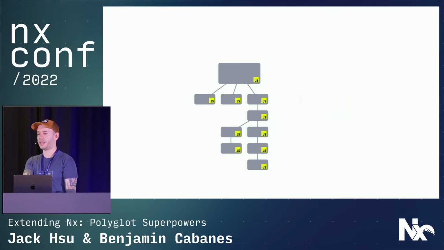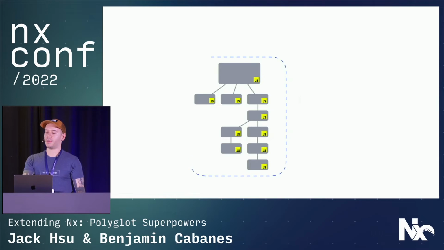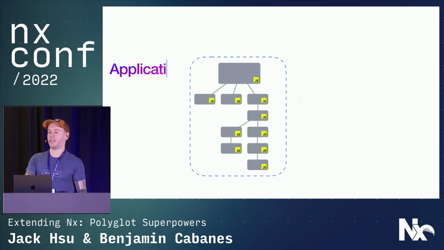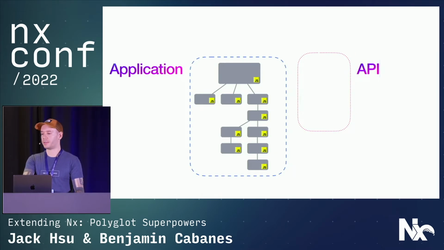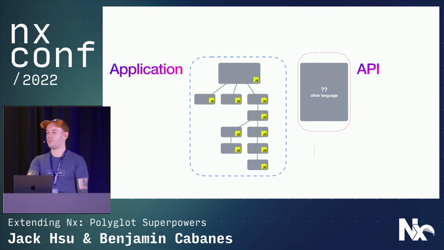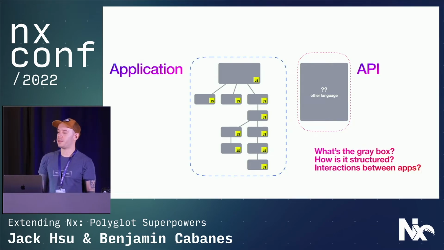Now, the problem is we usually have our main application in JavaScript, and we have another project that is written in a different language that NX doesn't know how to handle natively. And this is basically our API here. So we want to know what's inside this gray box, how it is structured. Maybe there are multiple packages that we are using, and we want to see all those connections.